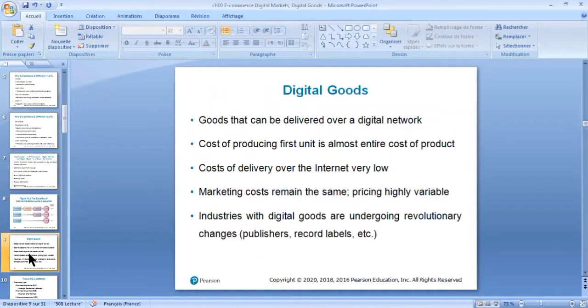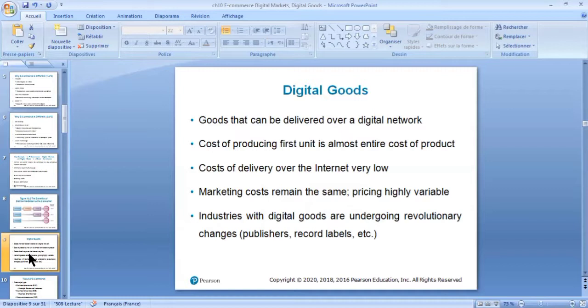Digital goods, what do we mean by digital goods? Digital goods are goods that can be delivered over the internet, such as music, videos, software, newspapers, books, etc. These are all digital goods. Digital goods can be stored, delivered, and sold as purely digital products.